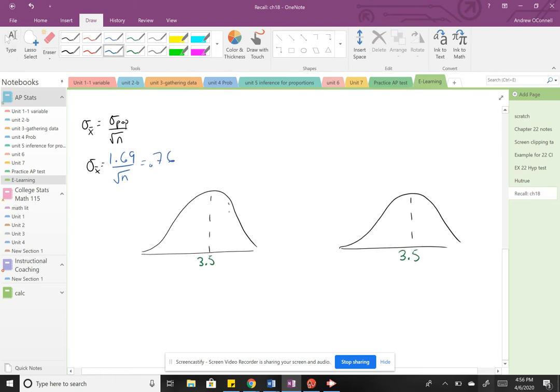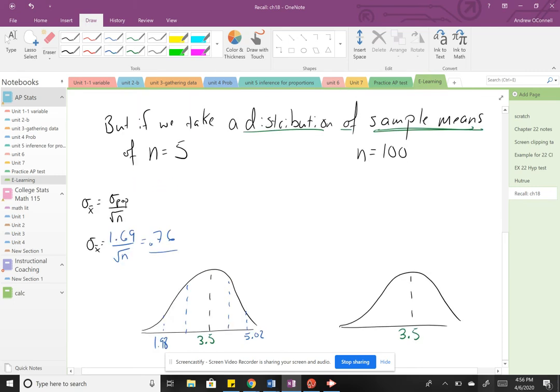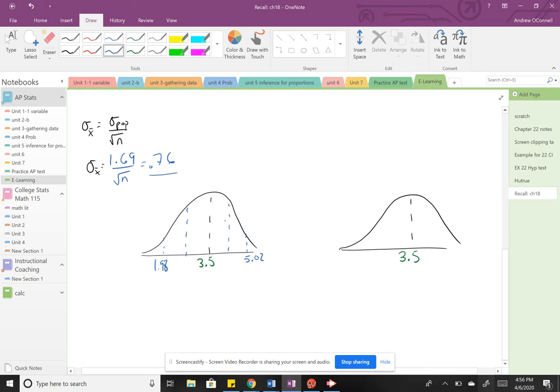So when we build up, 3.5 plus 0.76 and plus 0.76 again, going two standard deviations, it was 5.02. If we go down 0.76 and down 0.76 again, it'd be 1.98. Meaning if I'm going to take 5 rolls and average them out, most of them are going to be between that 1.98 and 5.02.